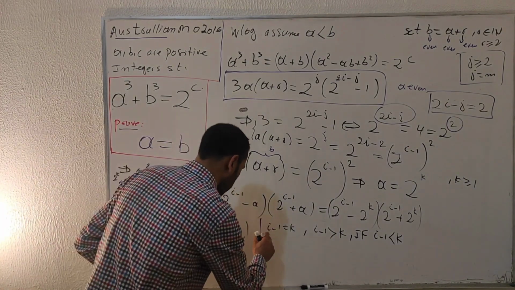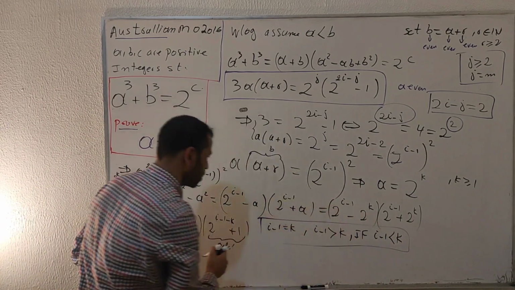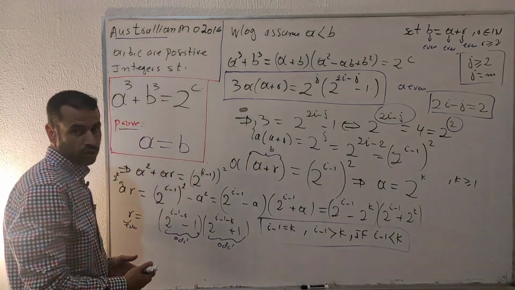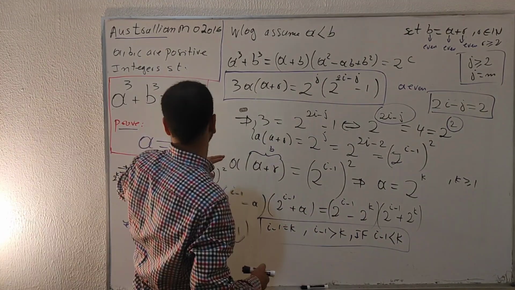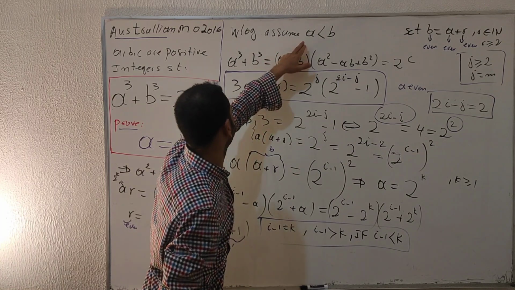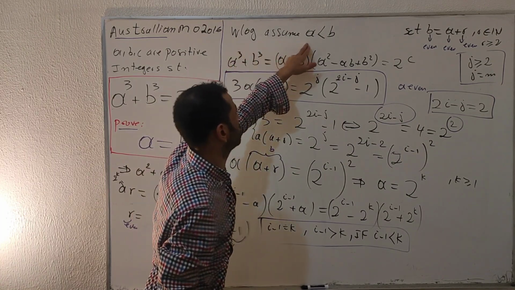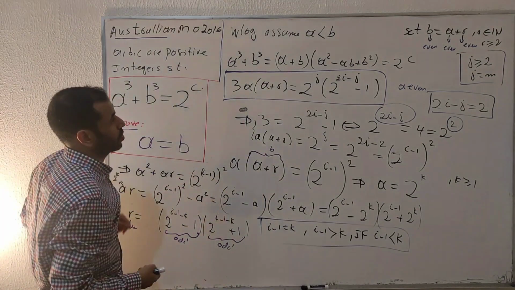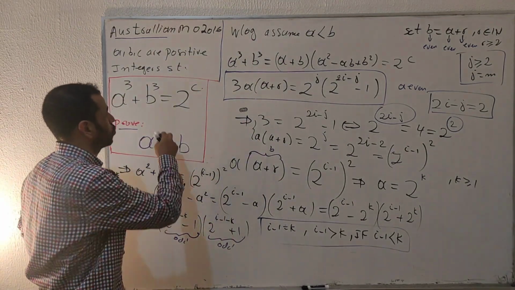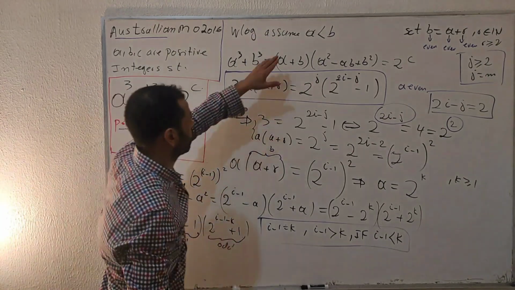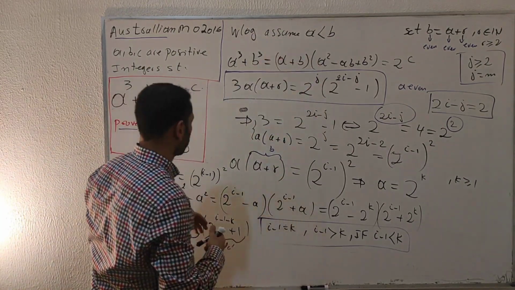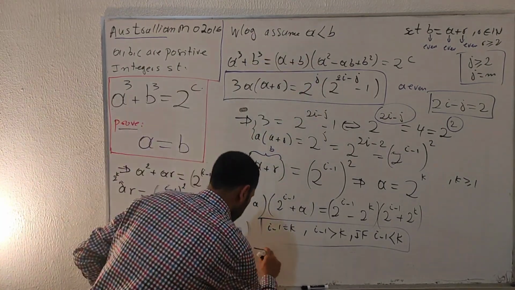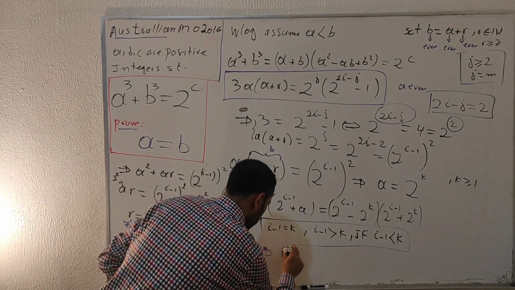So for all these three cases we have a big contradiction here, which means in fact there is one case left because we assumed just a strictly inferior to b, but for symmetry reasons we don't need another case. This is enough. This one is covering the other case, which means a must be equal to b.